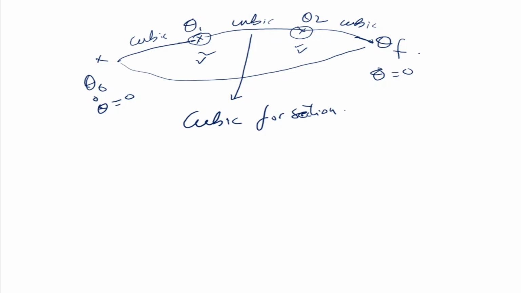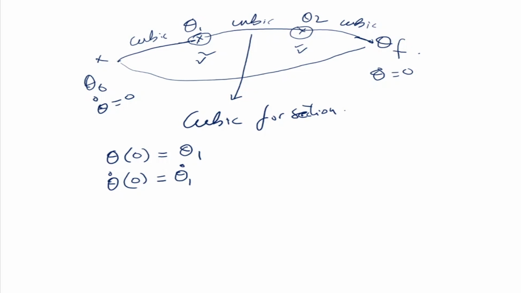Now the velocities are not constant, so we can say that at time t equal to 0, the position is theta 1, and the velocity at the section is, let's call it, theta 1 dot.